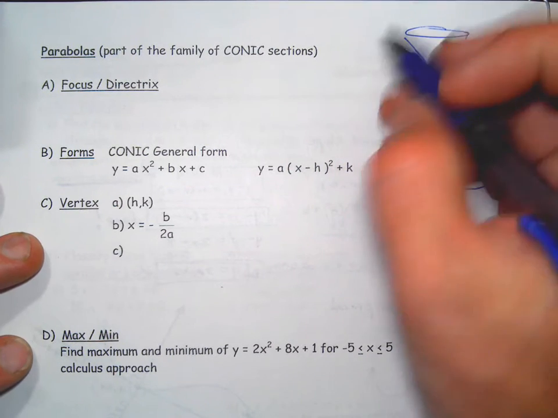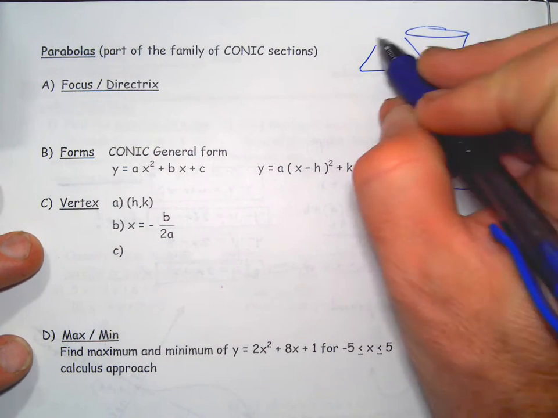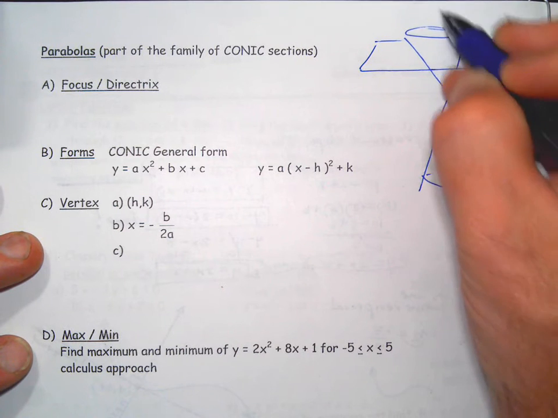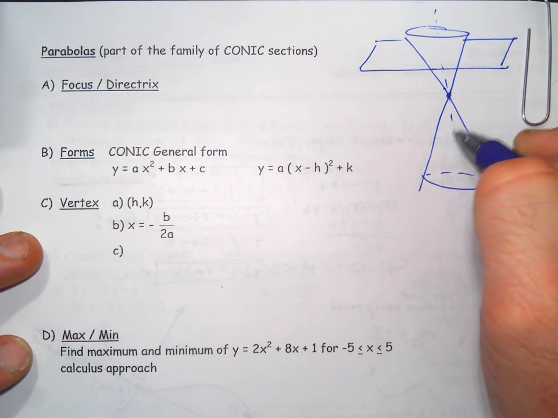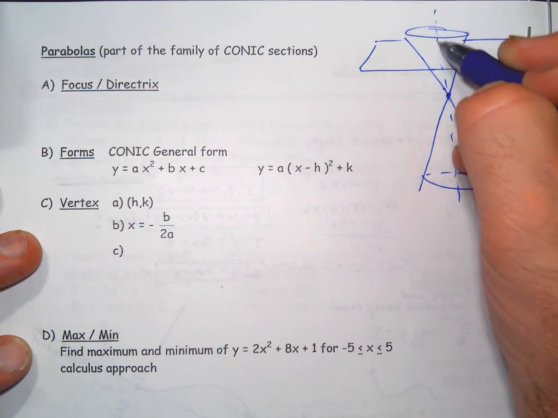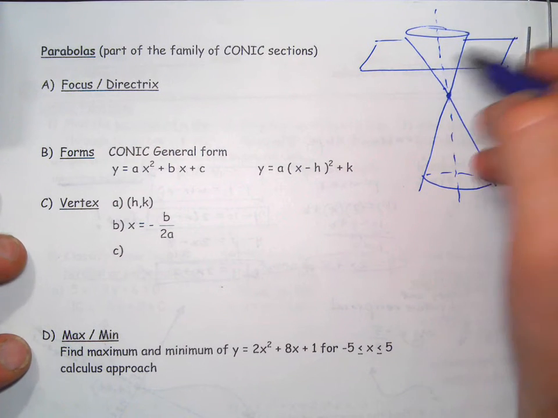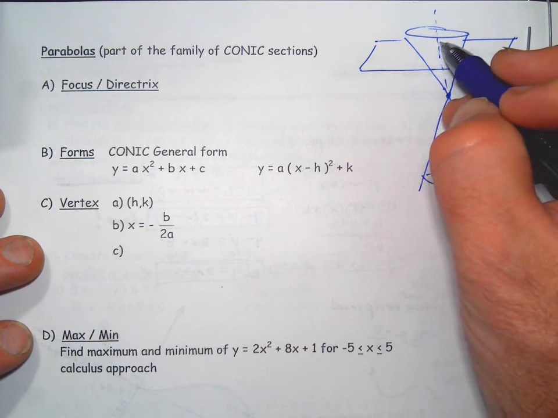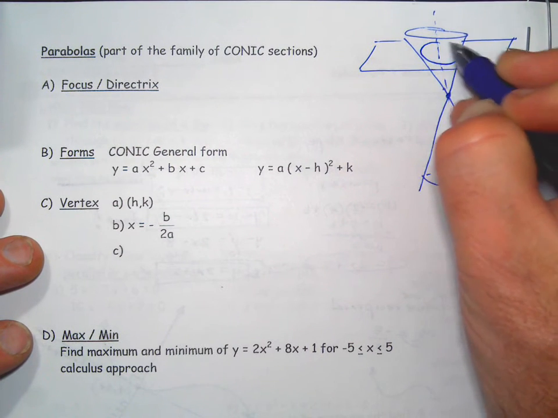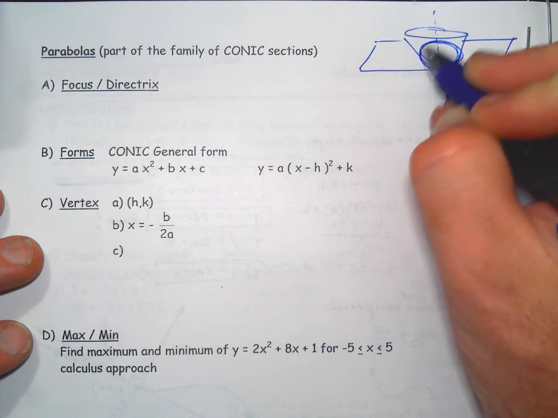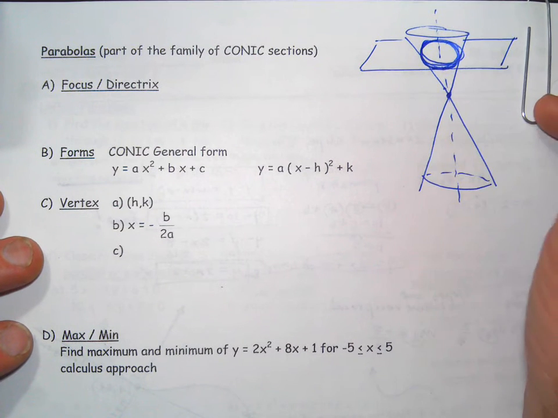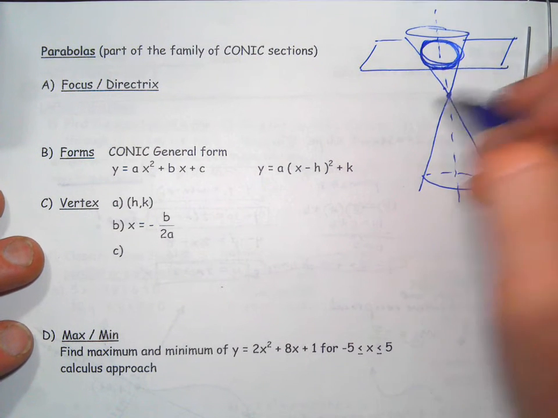So if you take a plane, which is a flat two-dimensional surface, and you slice it perpendicular to the axis of rotation or symmetry or whatever you want to call it, the outline of this, now I'm drawing it kind of 3D, but if you look at it straight down, it's going to look like a circle. That's a conic section.